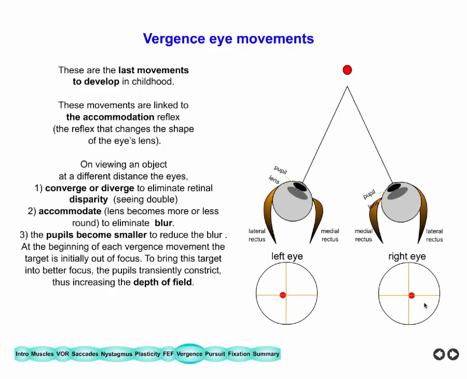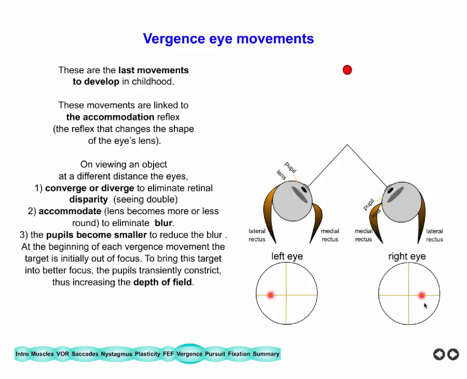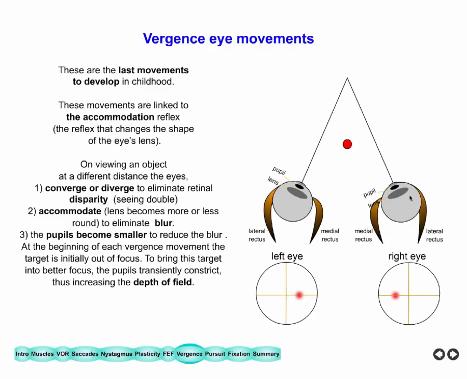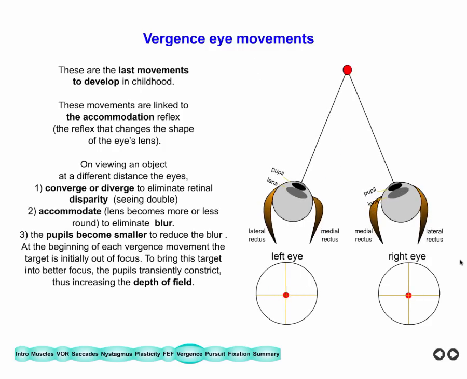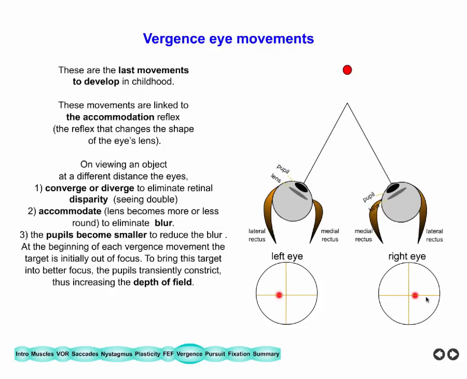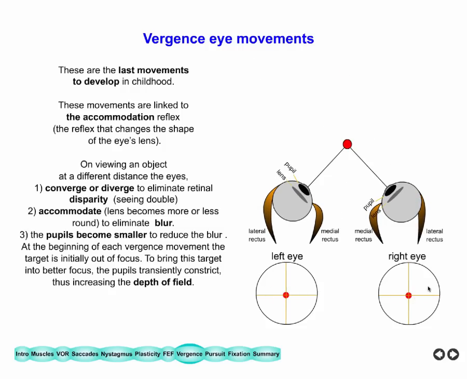The other thing that you can see is that it's blurred. There's a blur to it. Because it's moving from near to far, you've got to refocus. You can see the shape of the lens changing. So it's set for near, now it's set for far, now it's set for near, far. The other thing that you can see, and this is rather unexpected, so that change in lens property is what clears up the blur.